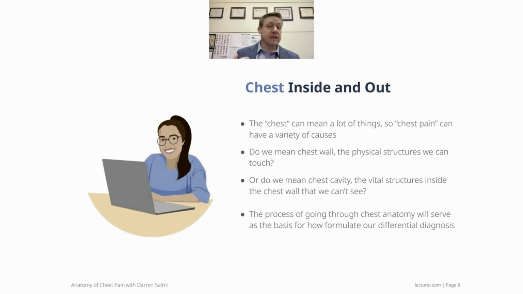Or do we really mean the stuff inside the chest cavity, where we have a couple of really vital organs like the lungs and the heart, of course? So in going through chest anatomy, which we think of very broadly, it's going to serve as the basis for how we formulate our differential diagnosis, or the things we're going to be thinking about when someone comes in with this chief complaint of chest pain.